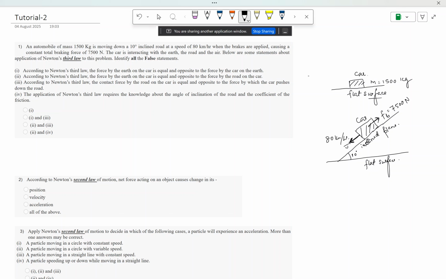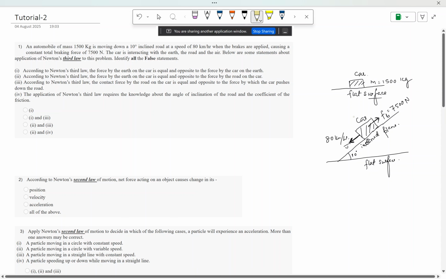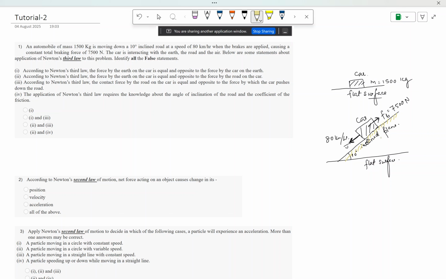In the same way, the car will have effects from the road, the inclined road on which it is moving. So this will have a force acting on the car because the car is in contact with this plane, and it will also have forces from the earth, because this road is sitting on the earth, right?